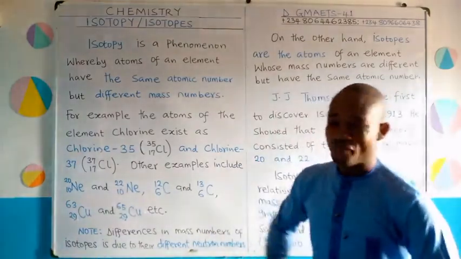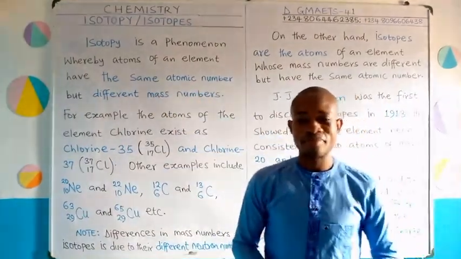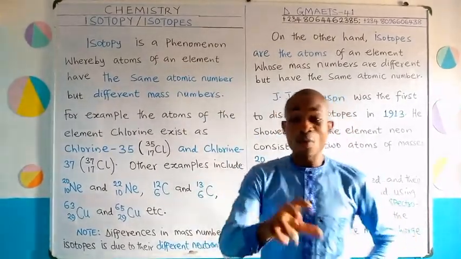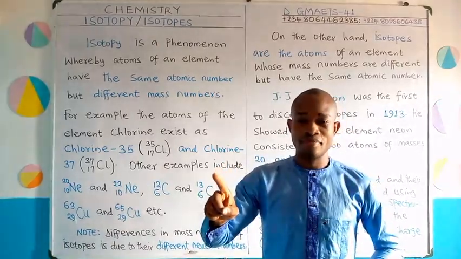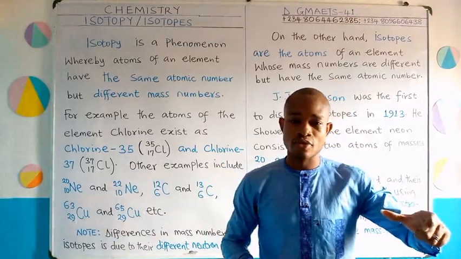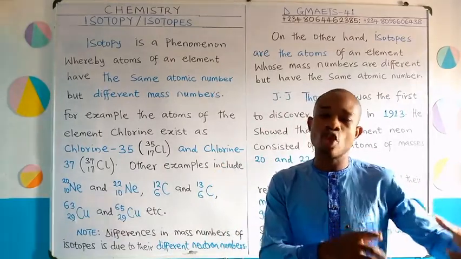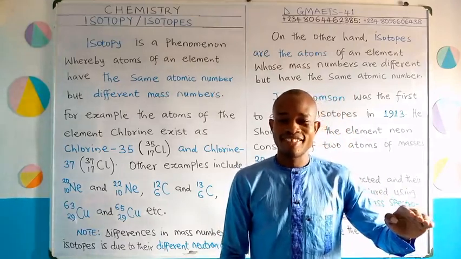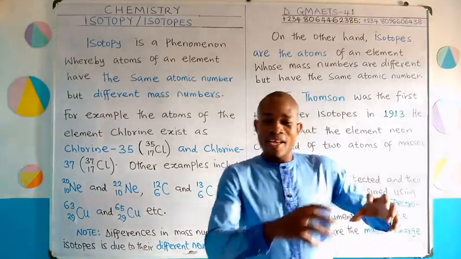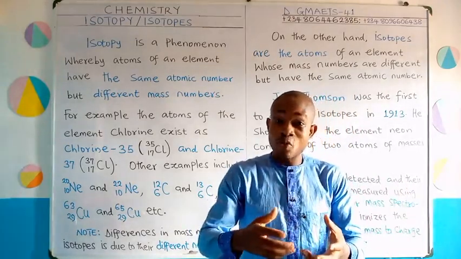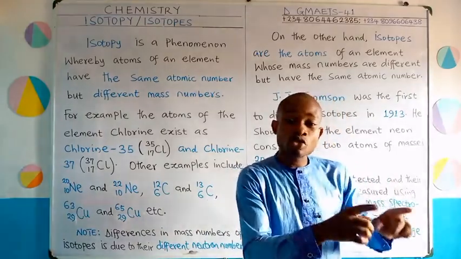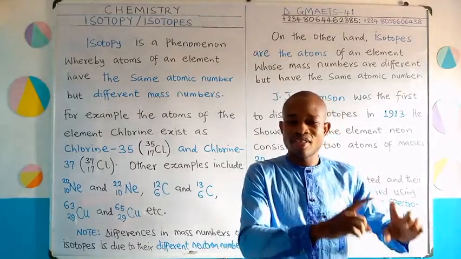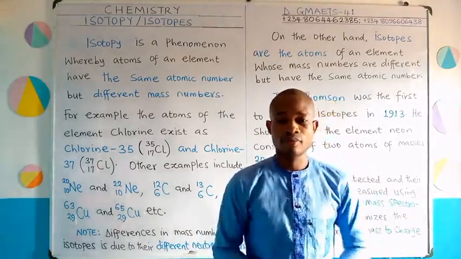Can we now define isotopy just as we have on the board here? Isotopy is a phenomenon, an occurrence whereby an element can have two or more atoms which have the same atomic number, but their mass numbers are different.